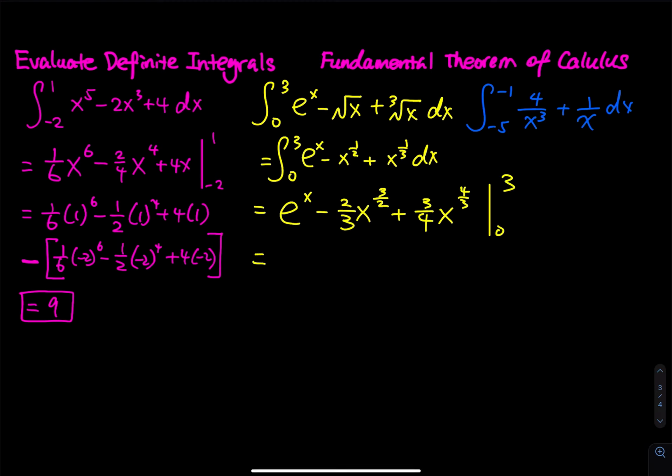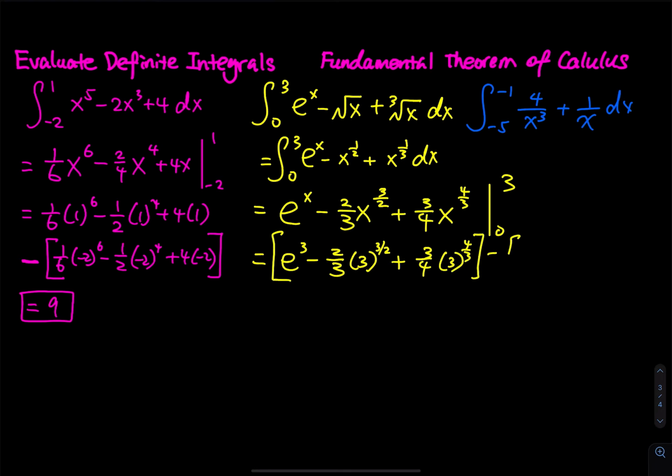Using the fundamental theorem of calculus, upper limit minus lower limit, you have e to the third, minus 2 over 3 times 3 raised to 3 over 2, plus 3 over 4 times 3 raised to 4 over 3. So that is the upper limit. And then the lower limit, you subtract, you input the 0.